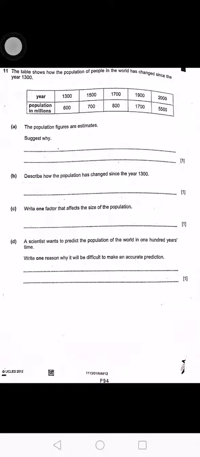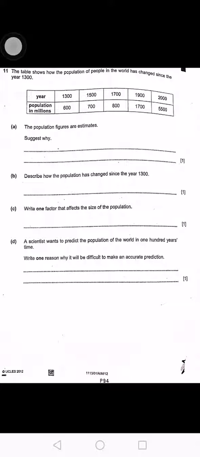But come to the last two. 1700, 5500, increase greatly. Okay, let's look at the question. The population figures are estimates. Why estimated? Why not an accurate result?